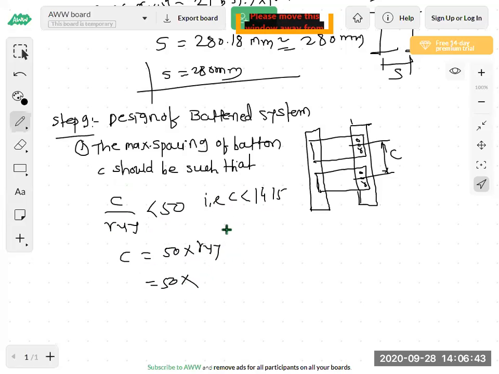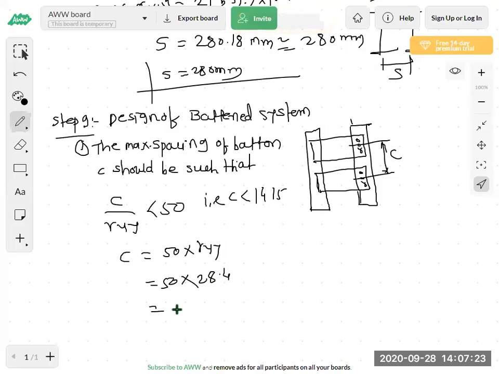So what is the value of RYY? Please see whatever section we have selected, and go to the steel table. I think we have 28.4 mm for our selected section. We have selected the section ISMB 350 for this 28.4.